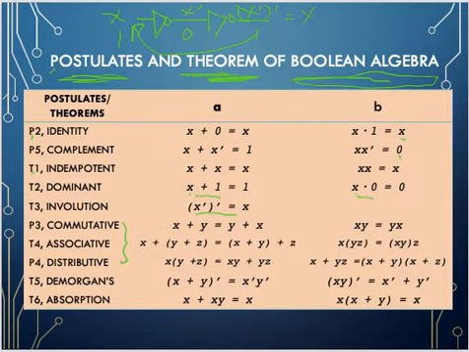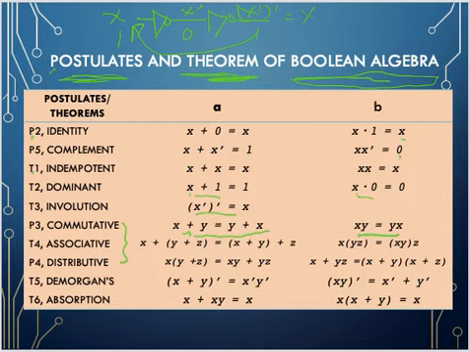So, commutative, that is, ang operator mo, for example, ay OR, tapos yung operand, x or y, baliktarin ko man yan, it will still be the same. Same thing pag ginamit ko yung AND operator. X or y or x, they are the same. X and y and x, pares pa rin naman.